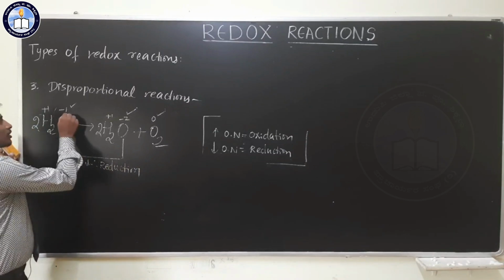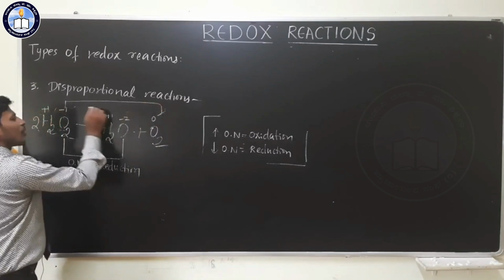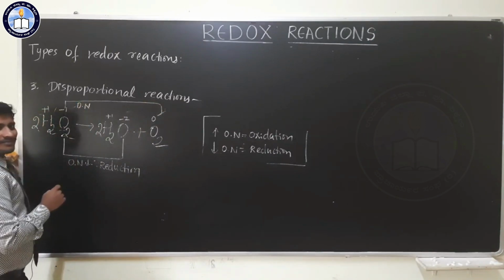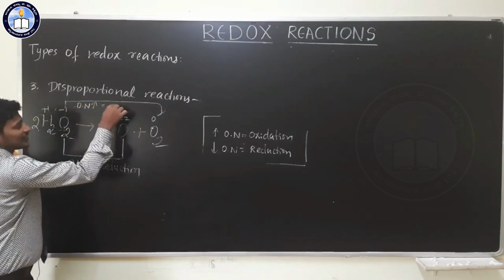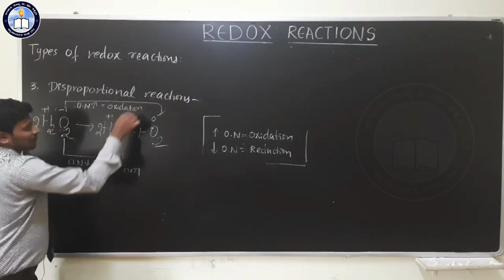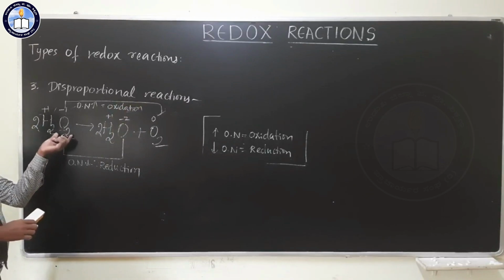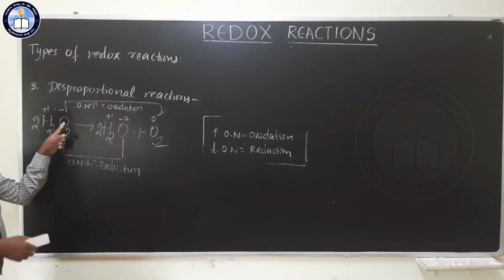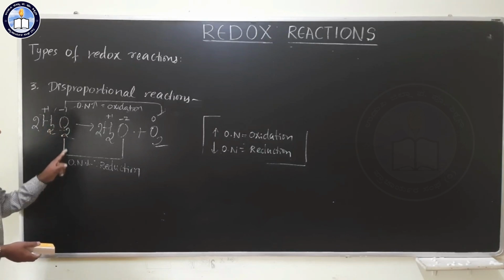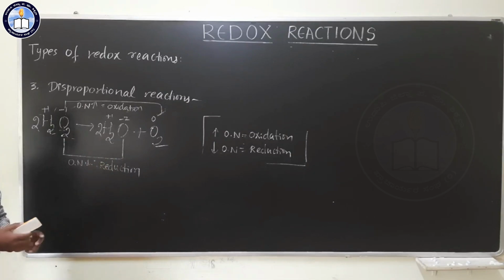And -1 turning into 0 means the oxidation number increased, and that is known to be oxidation. The reacting element that simultaneously undergoes oxidation as well as reduction is known as a disproportionation reaction.